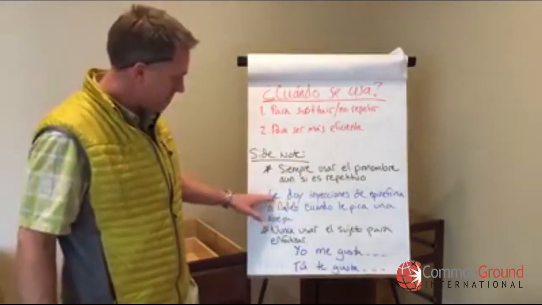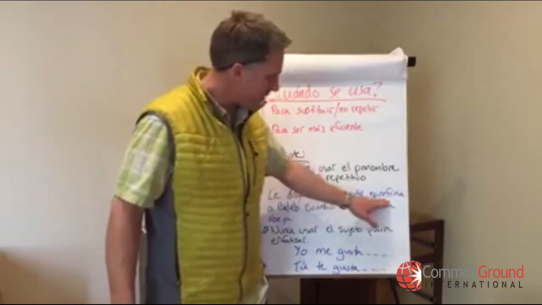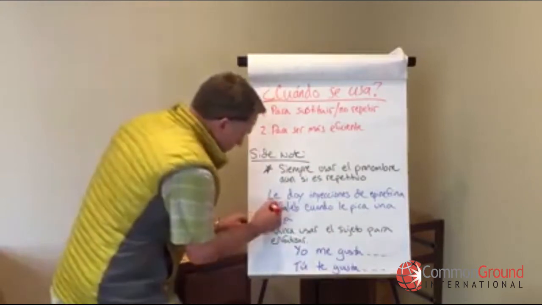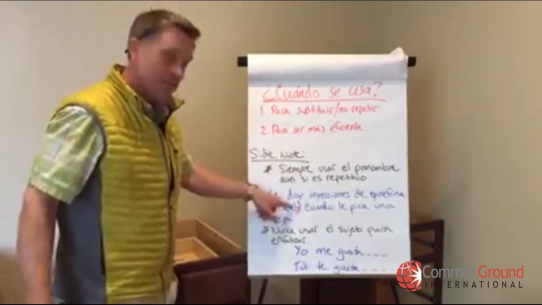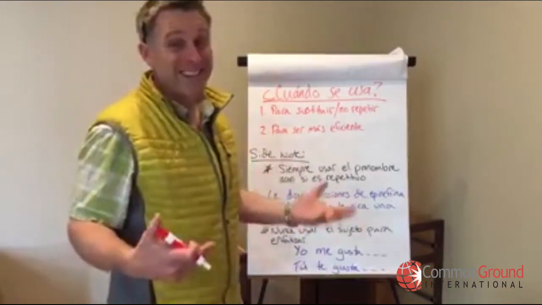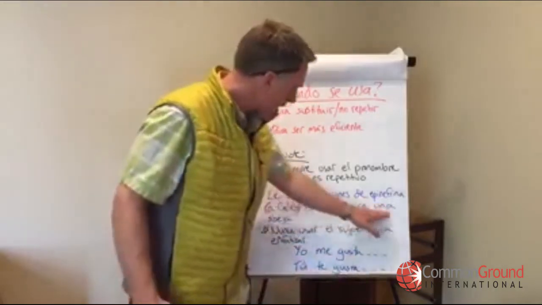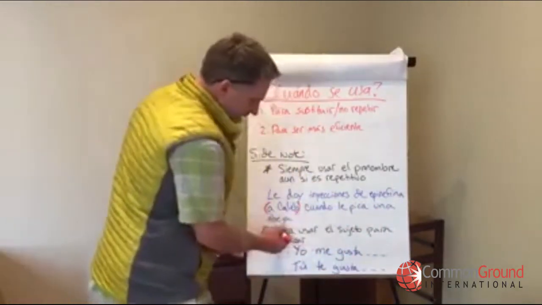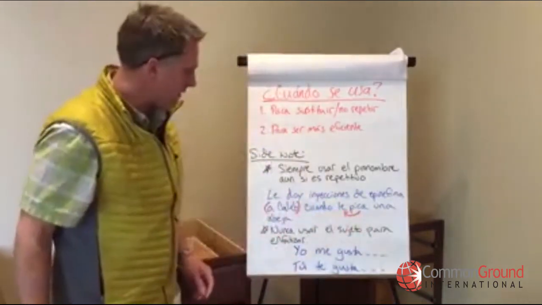I give to him epi-injections. Now we've clarified who this le means. A Caleb. Caleb es mi hijo, quien tiene alergias a abejas. Cuando le pica una abeja. When a bee stings him.